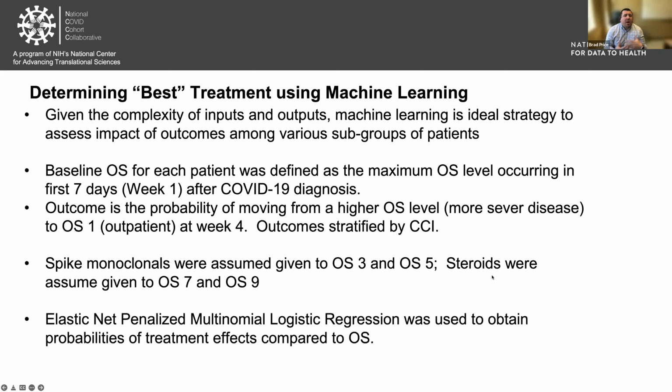Now, we thought about a lot of different methods, and we actually tried a bunch. But the model I'm going to present to you is an elastic net penalized multinomial logistic regression that looks at each of the different OSs. Now, why do we do this? One, we need to balance interpretability of the model. We need to make sure any insights we provide have some standard statistical interpretation. So we wanted to restrict our view there.